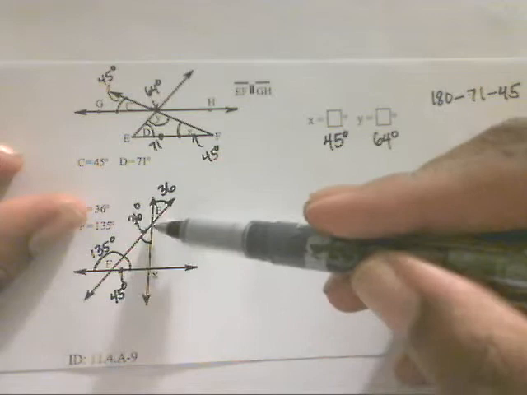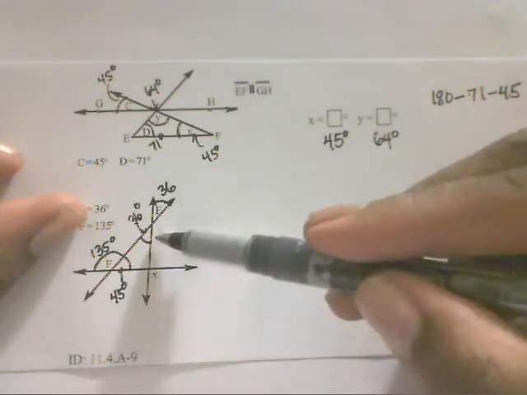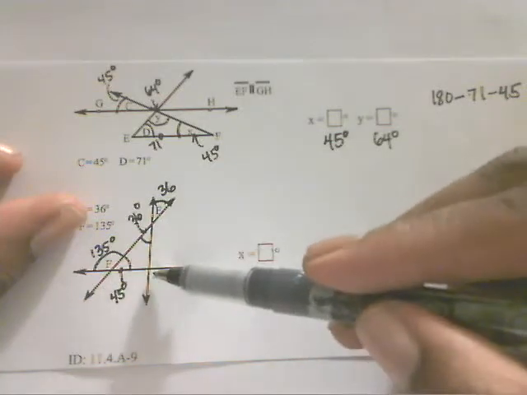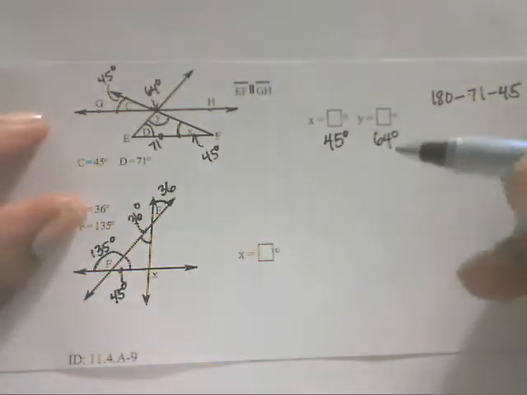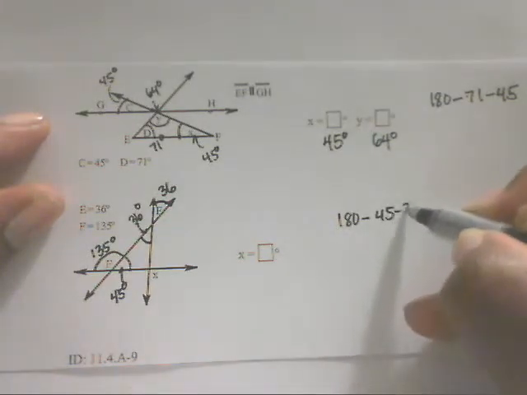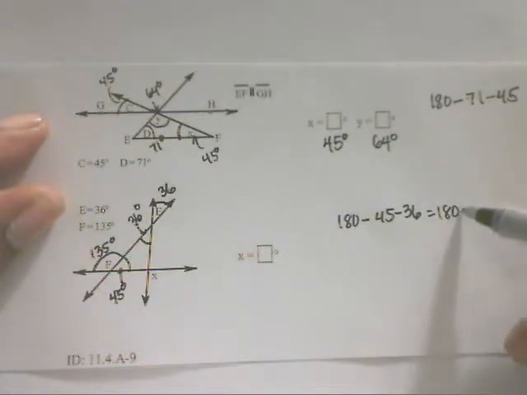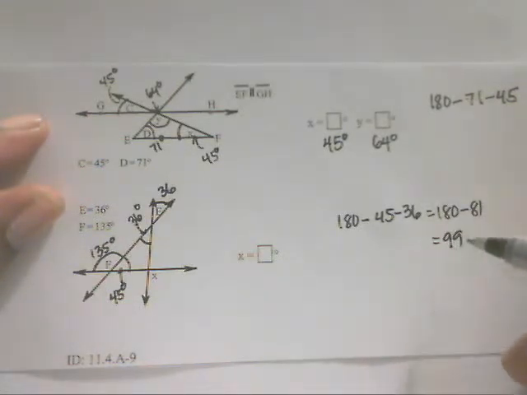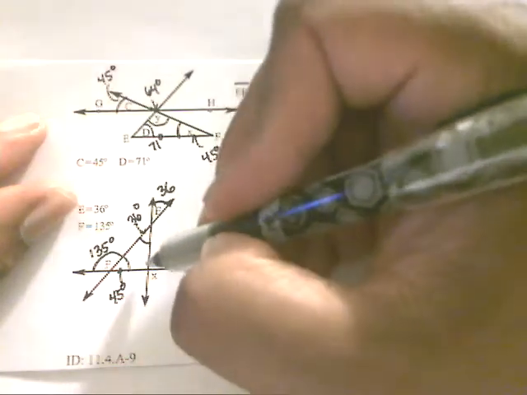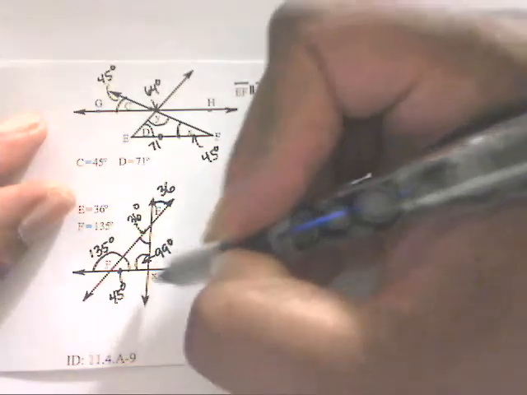And then I'm going to look inside this triangle right here. The sum of all the angles in that triangle is 180 degrees. So let's take 180 minus 45 minus 36. Let's see, 180 minus 81 will give you 99. So this angle here is 99 degrees.